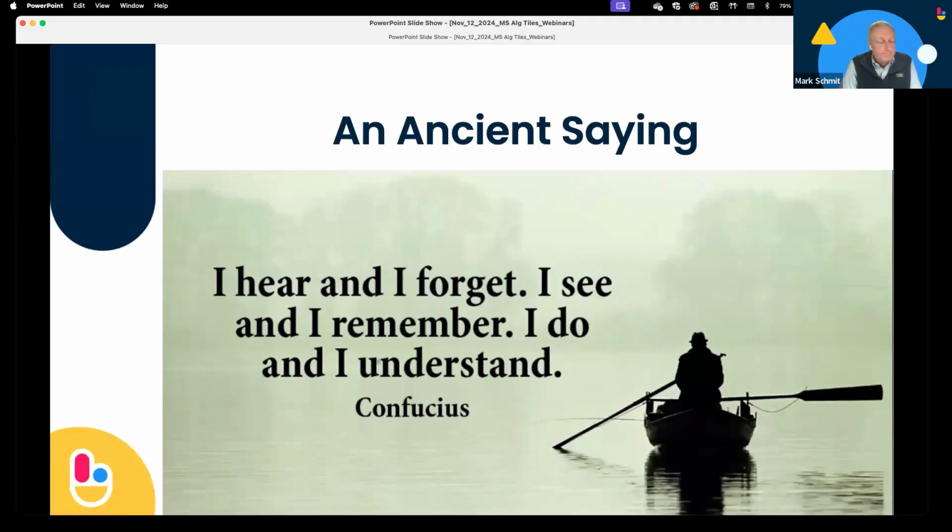Reminds me of an ancient saying: I hear and I forget, I see and I remember, and I do and I understand. That's the change my students went through. By involving them, they became more owners of their learning. They were more engaged in their learning.